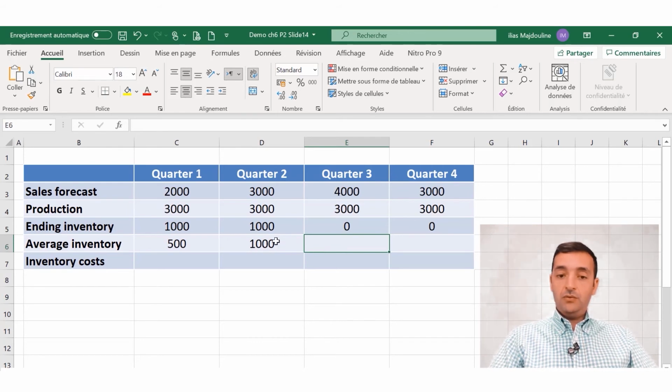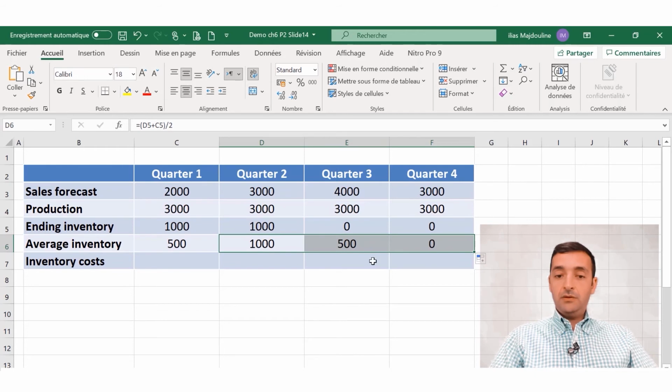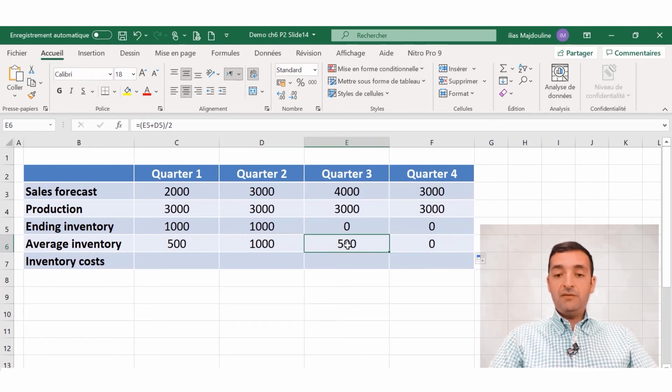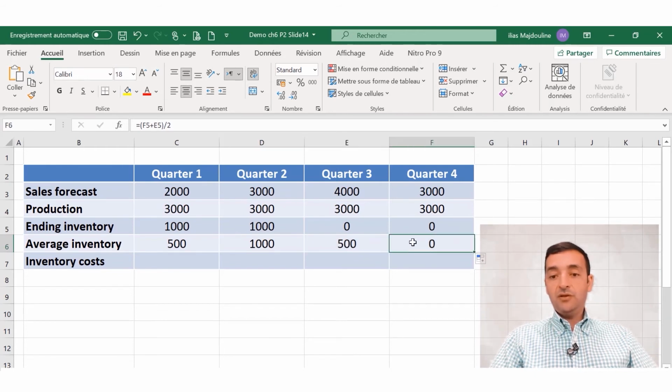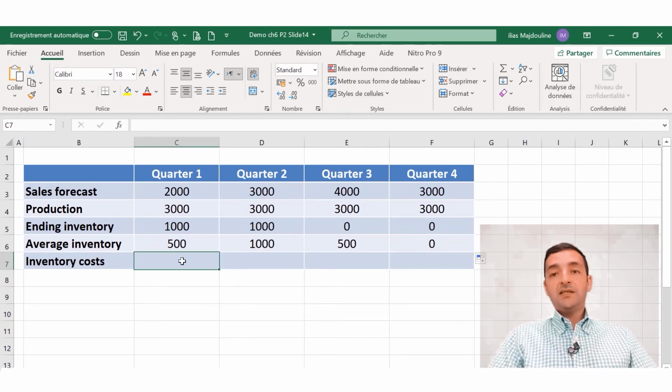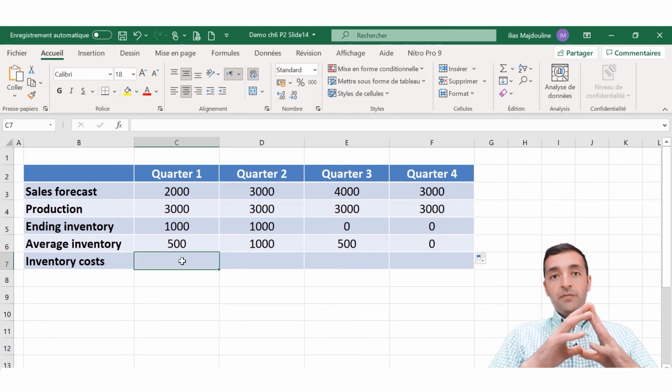Here we can do the same calculations, and the result for quarter 3 is 500 units, and for quarter 4 is 0 units. Okay, the last step is to calculate the inventory costs for each quarter.